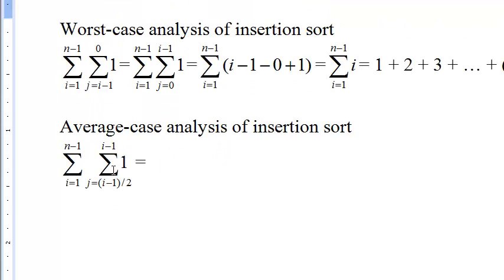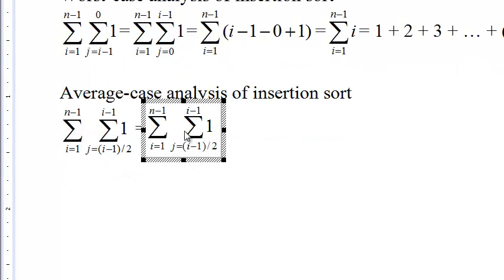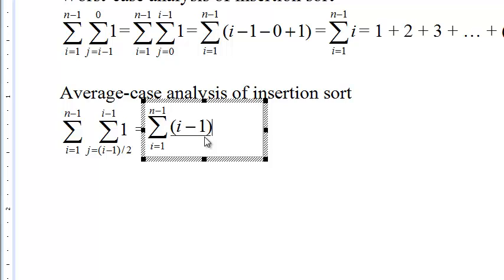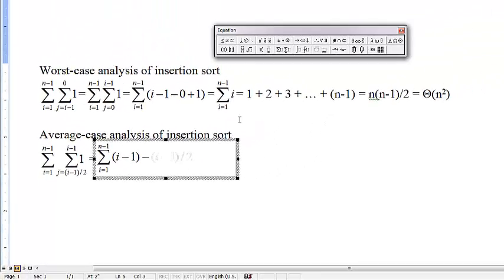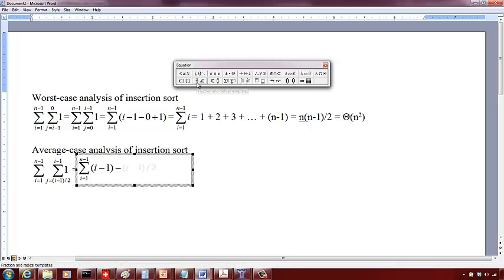So that is equal to i minus 1 minus i minus 1 over 2, plus 1.